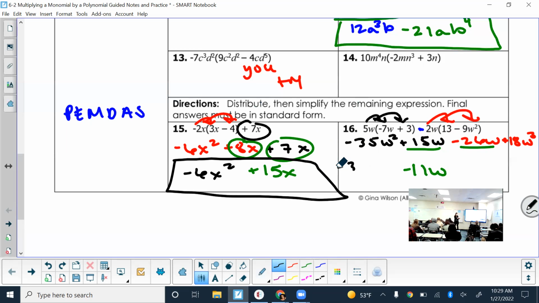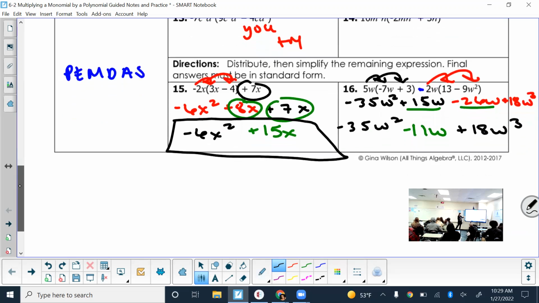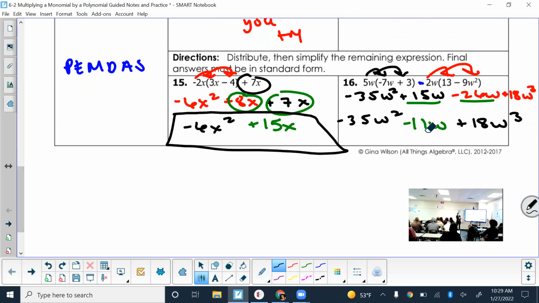And we're running out of time, sorry. But the next thing you would do is make sure that it's in standard form. So I'll just rewrite it in standard form and we'll talk about it more tomorrow. So just make sure it looks like this on your paper. All right, in alphabetical order with a higher exponent.